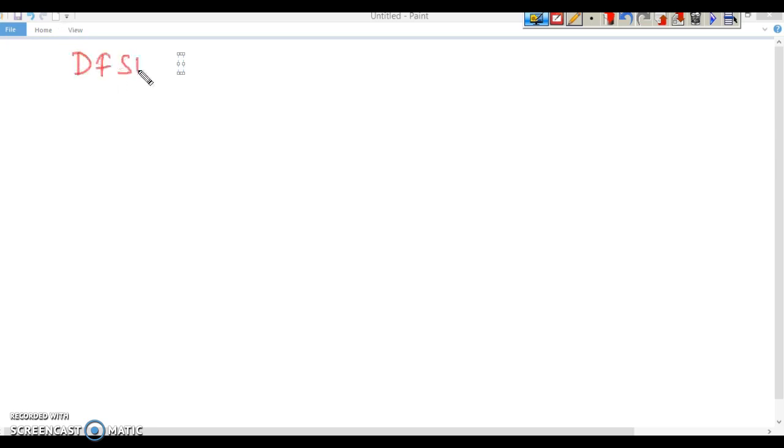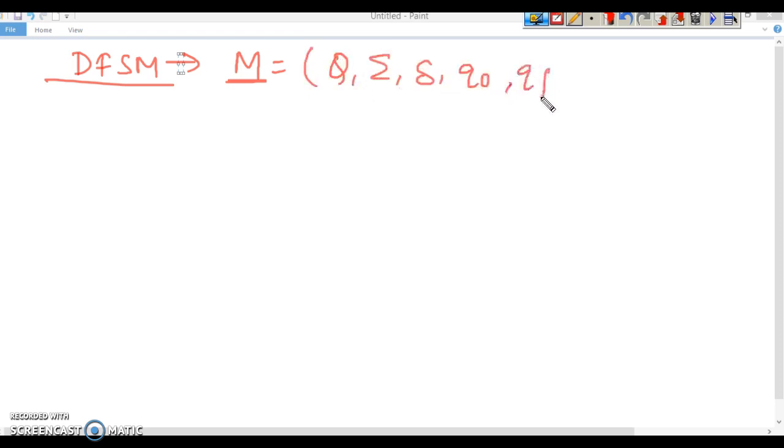DFSM, deterministic finite state machine, has 5 tuples. This machine is represented as M having the 5 tuples Q, sigma, delta, Q0 and QF.